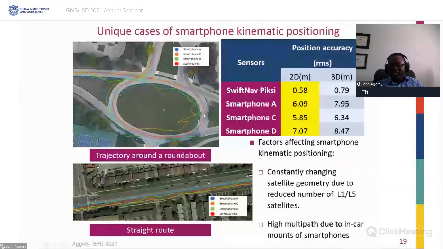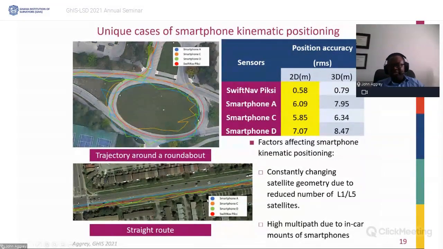Bear in mind, these chips on these smartphones are just about $5, but these geodetic grade receivers cost thousands of dollars. So you can see the quality of the receivers come into play, whereby the smartphones are not doing so well, and the geodetic grade is doing really well.